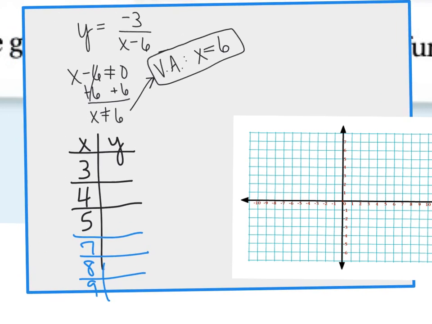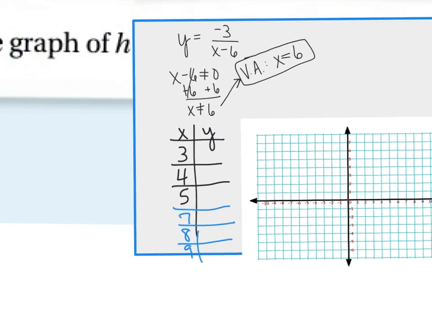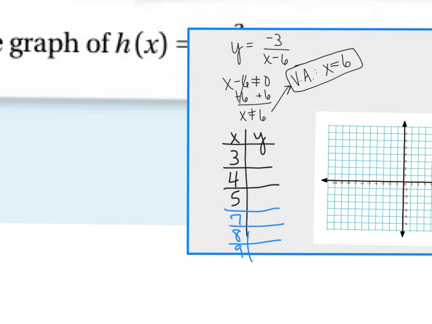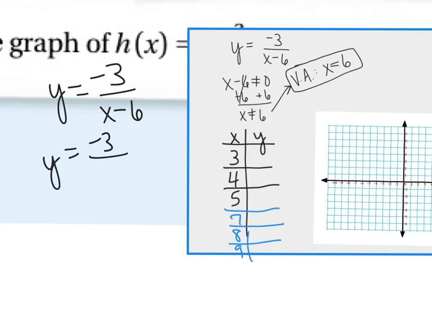And then it would be substituting those back into that function. So our function is y equals negative 3 over x minus 6. If x was 3, that'd be negative 3 over negative 3, which would be negative 1. So 3, negative 1 would be one of the values here.